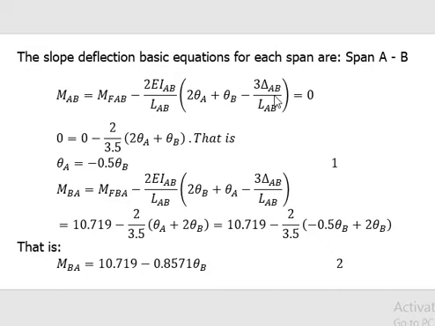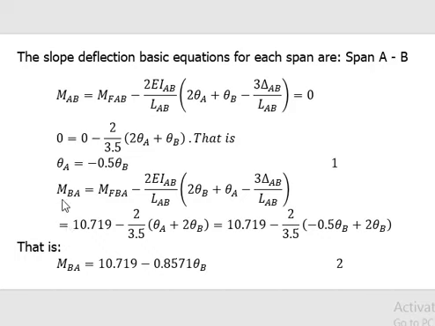As I said before, delta will be 0, and MFAB is also 0. That brings me to this equation. I'm solving. This is 0 equals 0 minus this. So for a non-trivial solution, what I have in the bracket will be equal to 0. Solving the bracket, I have theta A equals minus 0.5 theta B, equation number 1.